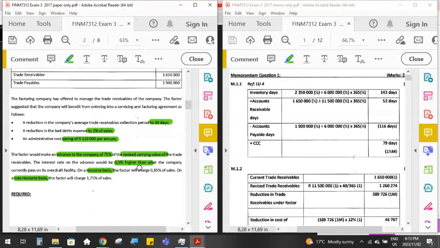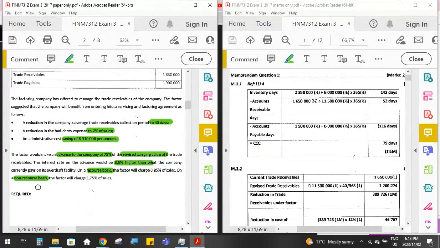If the factoring company signs the contract on the recourse basis, it means that if the factor can't collect some of the debtors that they have contracted to collect, then they have got recourse to the company, that the company itself will bear the bad debts expense, not the factor, which is why on a recourse basis, the factor's commission is lower than on a non-recourse basis.